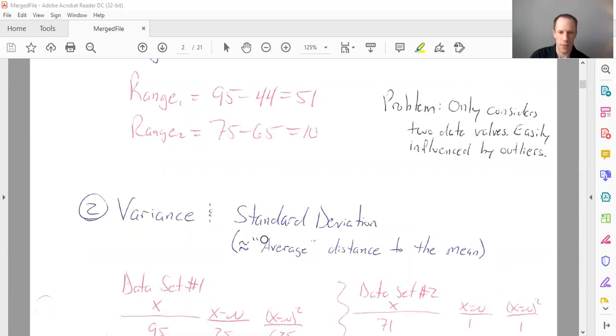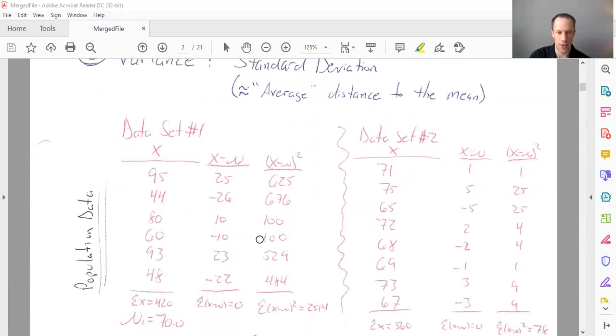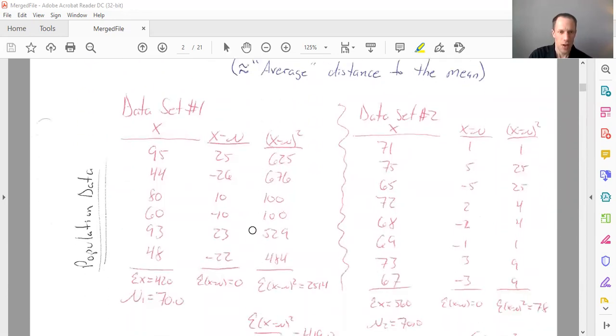Okay, so let's talk about how we might calculate the standard deviation here. If I just list all my numbers for data set number 1 in a column like this, we've already talked about the average is 70. If I wanted to think about an average distance to the mean, what I might do is take each number minus the mean. That's what I've done here in the middle column.